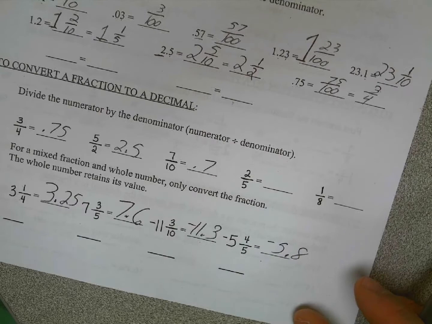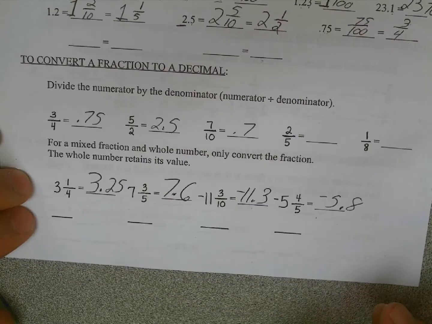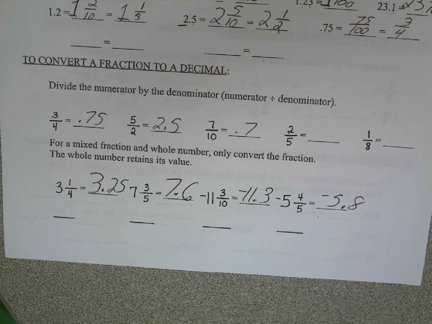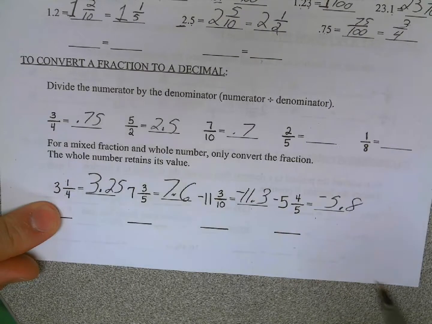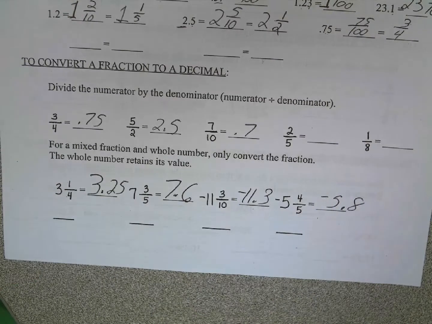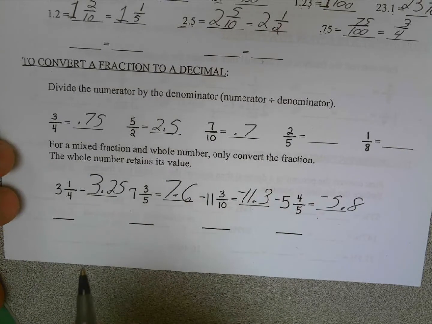All right, so let's go ahead and talk about how we can convert this back to improper fraction. All right, so what we did is we converted this to a decimal real fast. But let's see also about what it would be like to convert it back to improper fraction.